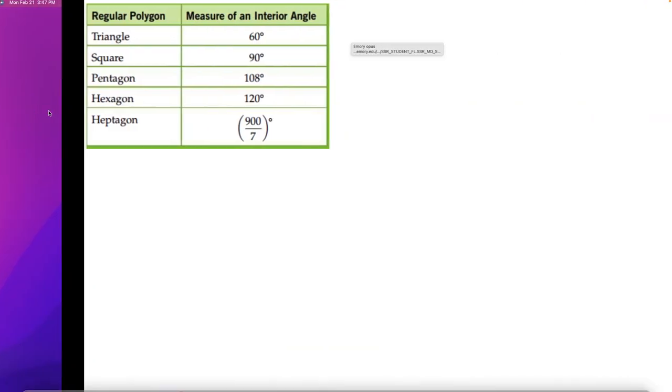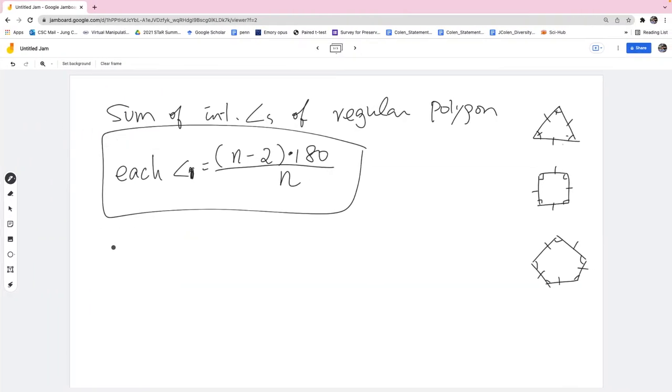regular heptagon. How? For triangle, we know that the sum will be 180 and divided by 3 will be 60. So each one will be 60. This is 60 degrees, that's 60 degrees, that's also 60 degrees. So when you add them together, it will be 180. It's the same as this one: 3 minus 2, 1. 1 times 180 divided by 3, 60.